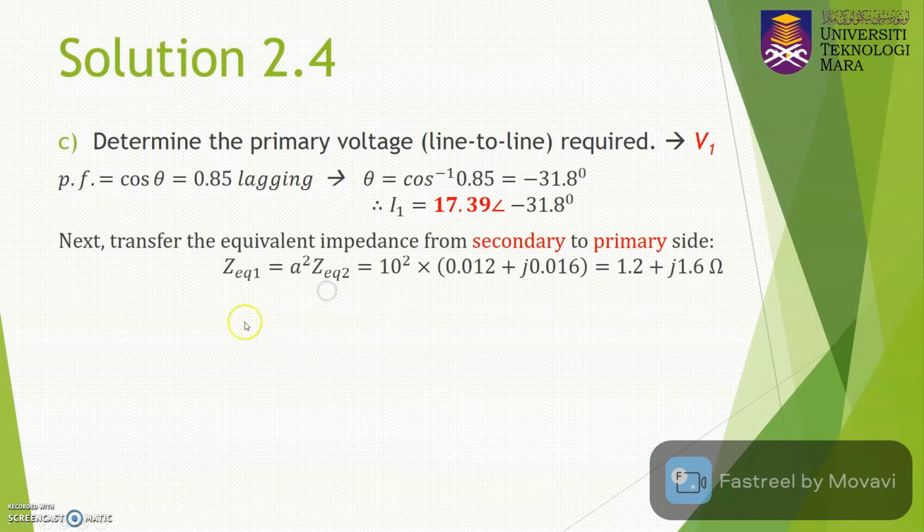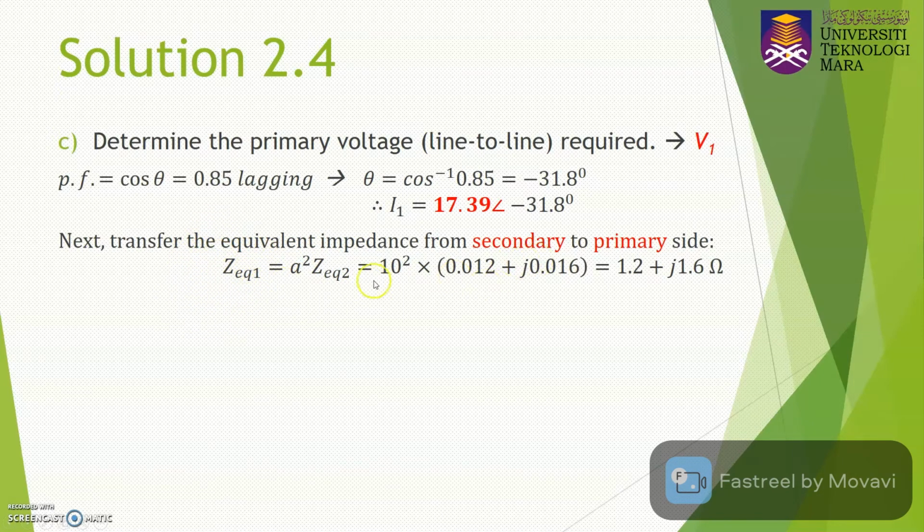From the question, it gives you the value of the equivalent impedance referred to the secondary side. Now we need to transfer it to the primary. You just multiply the Z equivalent referred to the secondary with A squared, then you get the value of equivalent impedance referred to the primary side.